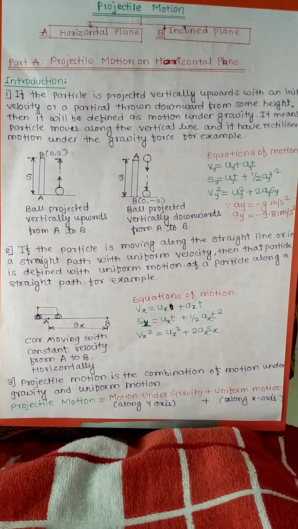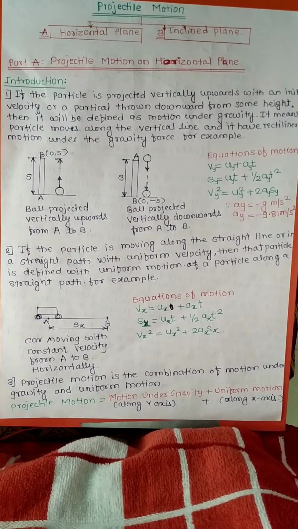Now, what is projectile motion? Projectile motion is the combination of motion under gravity and motion of the particle along the horizontal plane as uniform motion. It means that the projectile is analyzed in two directions, that are x-axis and y-axis. Along the y-axis there is a motion under gravity, and along the x-axis there is a uniform motion of the particle.